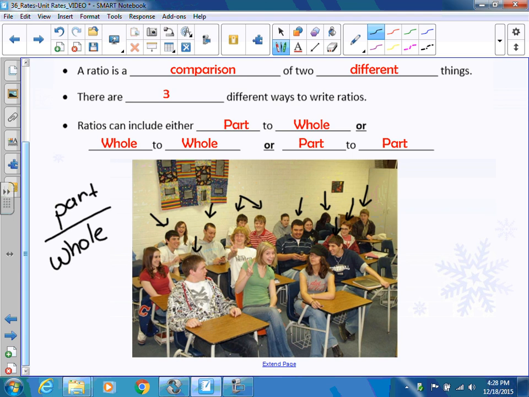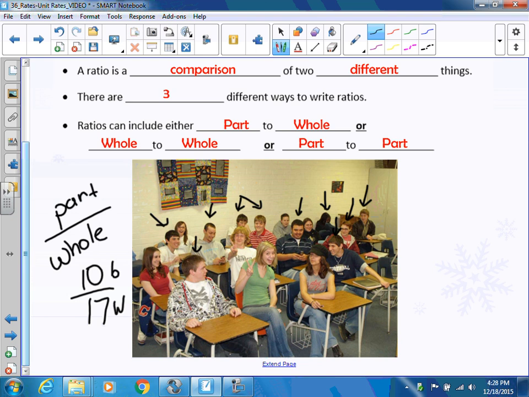Let me count again: 1, 2, 3, 4, 5, 6, 7, 8, 9, 10. There are 10 boys in this class, and we have a whole class of 1, 2, 3, 4, 5, 6, 7, 8, 9, 10, 11, 12, 13, 14, 15, 16, 17 kids. So in this sense, we're comparing boys to the whole class. How many boys? And then the whole class.